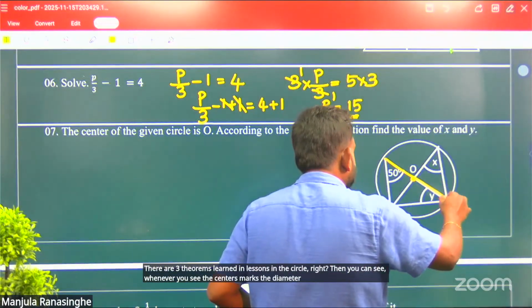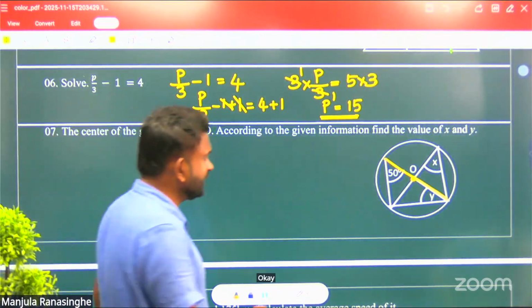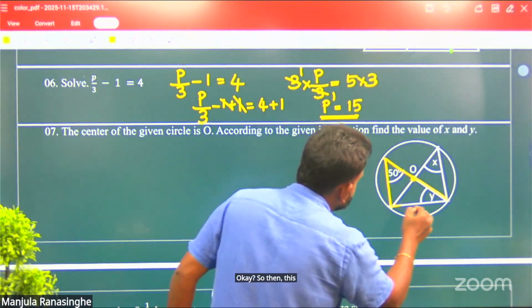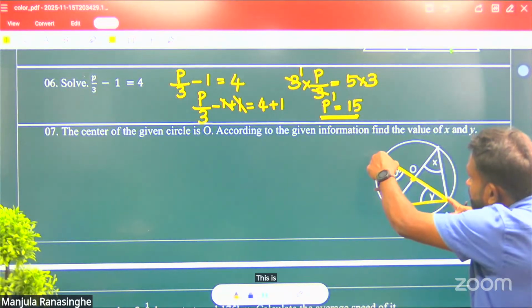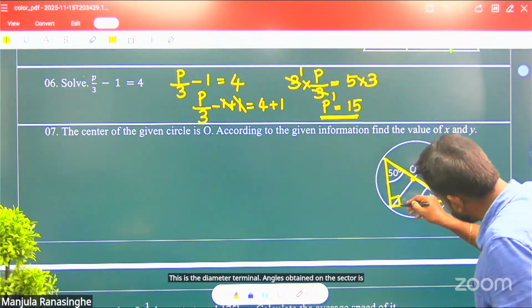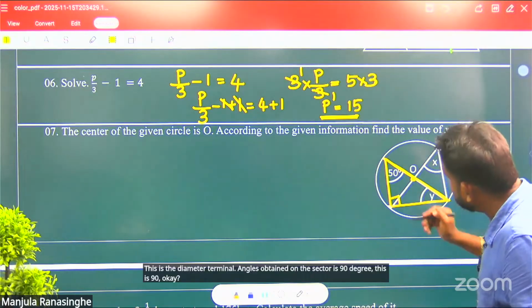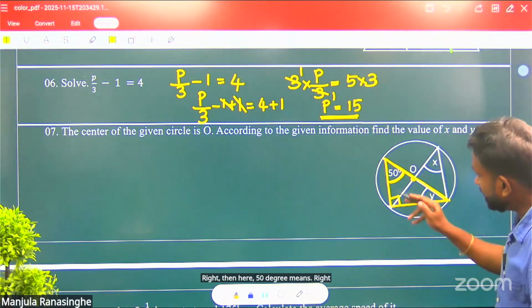So this is the diameter. Then this is 90 degrees. Why? The angle subtended on the diameter by a point on the circle is 90 degrees.